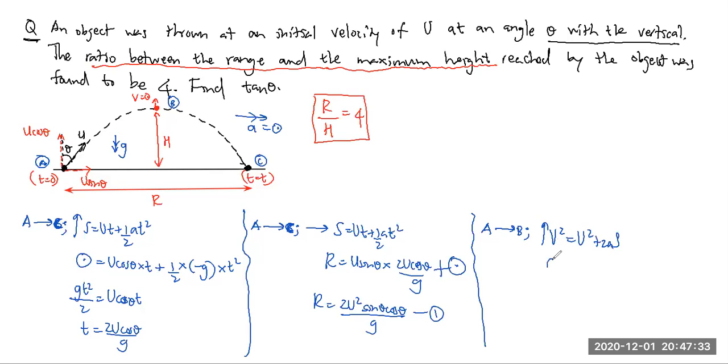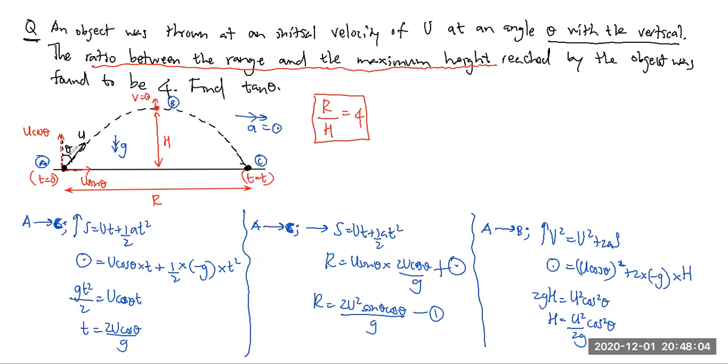So final velocity at B is 0. Initial vertical component at A is u cos theta, squared, plus 2 into minus g, because g is downwards, and displacement is H. So 2gH equals u squared cos squared theta. Hence H is equal to u squared cos squared theta divided by 2g.